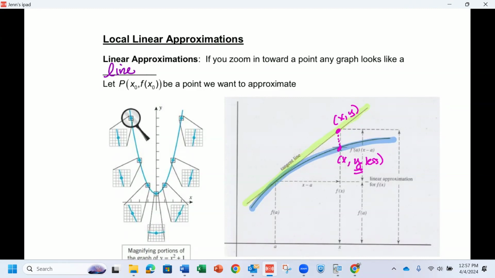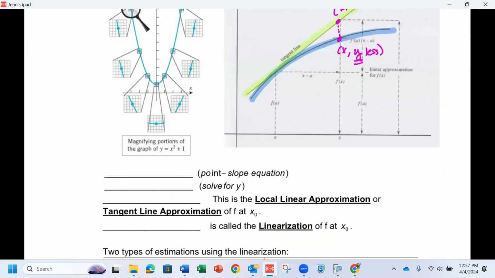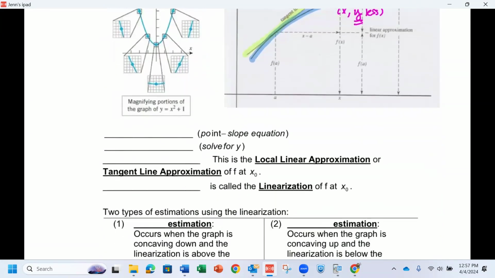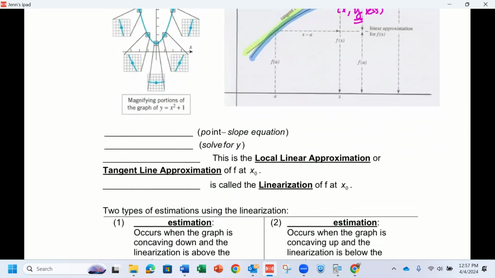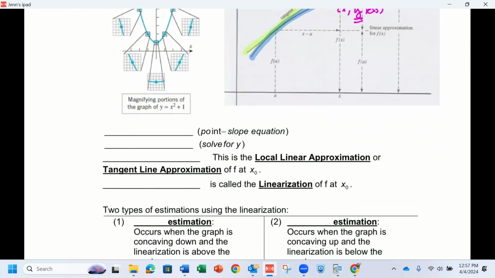So just to review what we did with our local linearization, how we did the approximations. Remember what we did was we wrote the equation in point slope form, y minus y1 equals m times x minus x sub 1. So we found these approximations using the tangent line. We first write the equation of the tangent line. Then we took the equation and we solved for y.